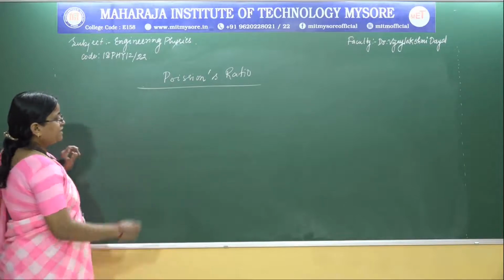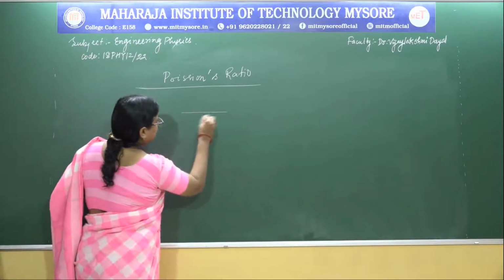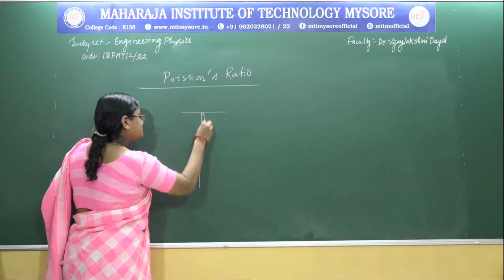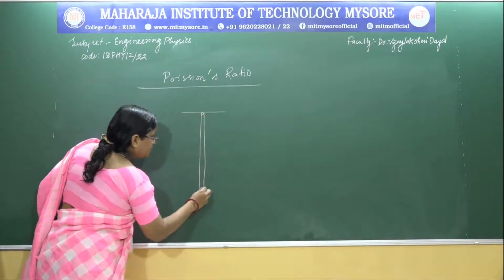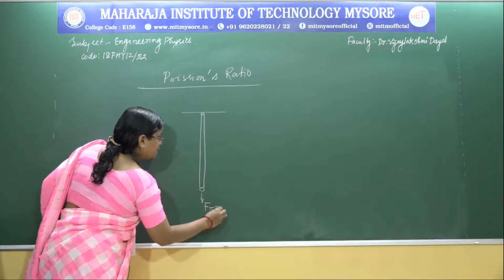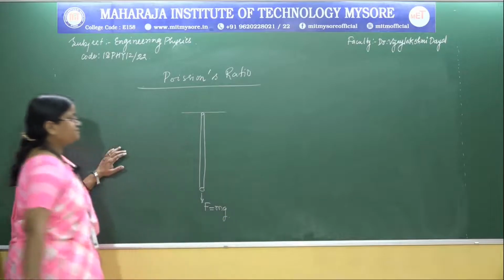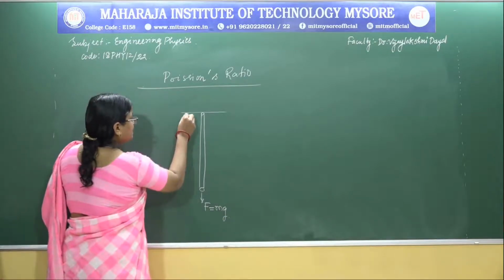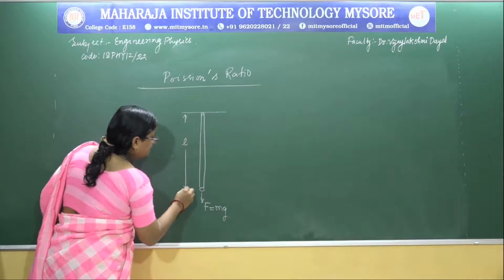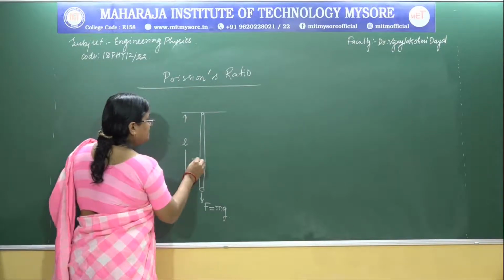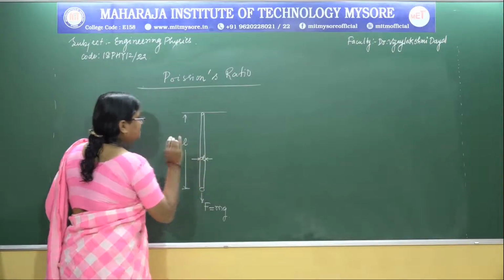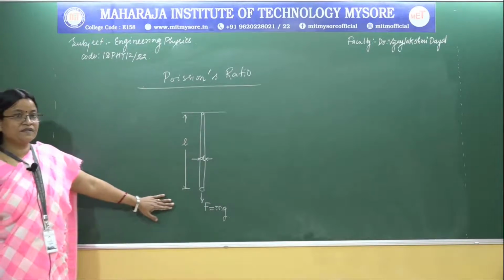Now, if we consider a wire-like structure where the force is applied along the length of the wire, L is the length of the wire and D is the diameter of the wire.